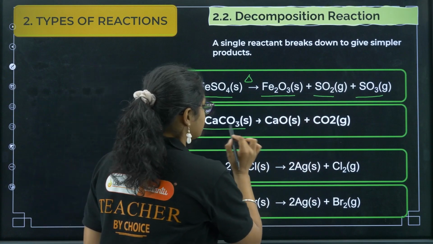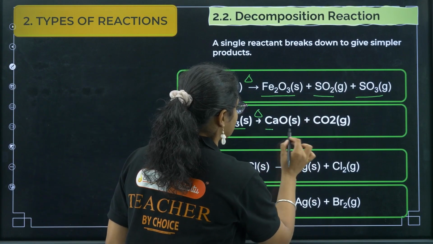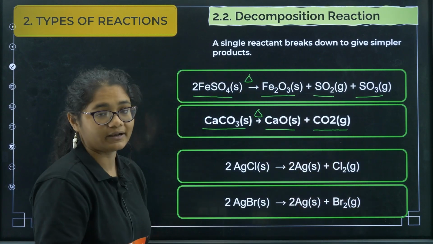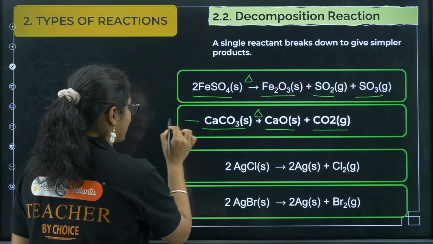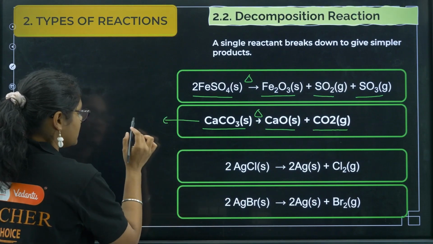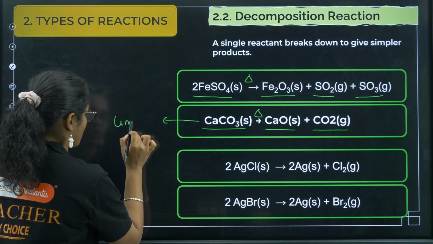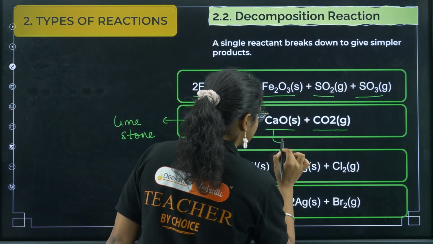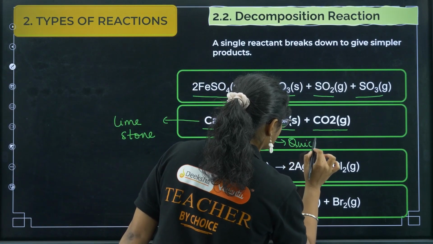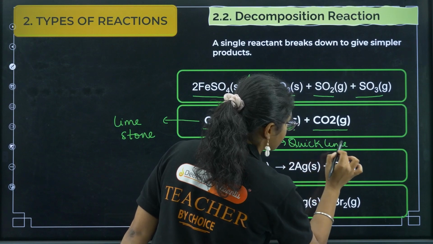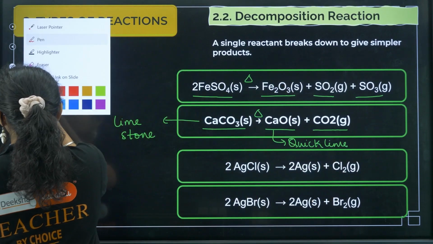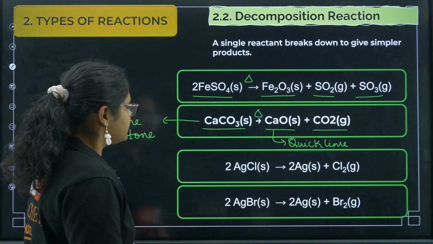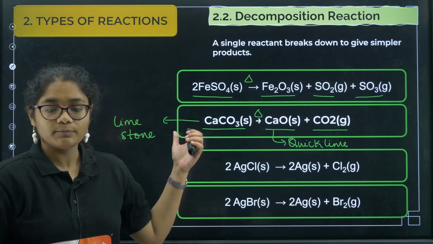Similarly, calcium carbonate, if you provide heat, will break into calcium oxide and carbon dioxide. Here I will tell you, you should remember this calcium carbonate is called limestone. The common name is limestone, and calcium oxide is called quicklime. Next, what happens when you provide heat?